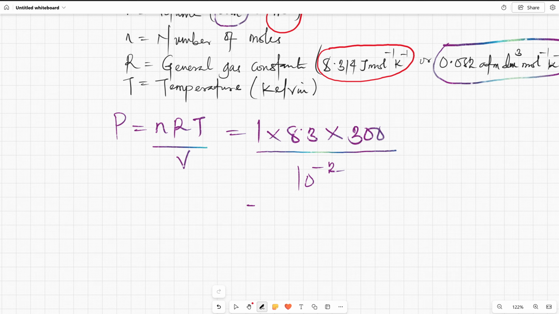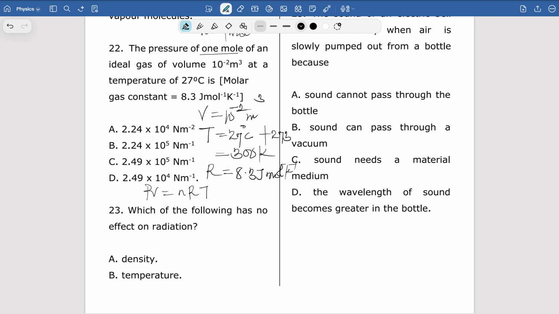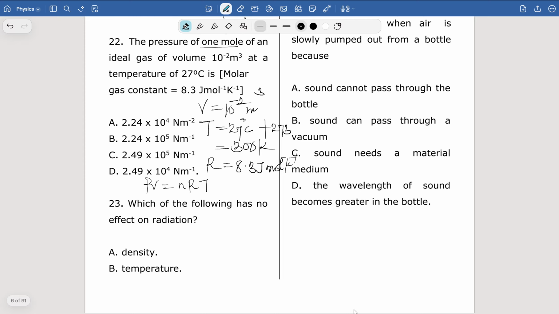When you solve for this, you get 249,000. What do you think the unit of pressure will be? Remember what we stated earlier: this will be in Newton per meter square, which is the same thing as Pascal.